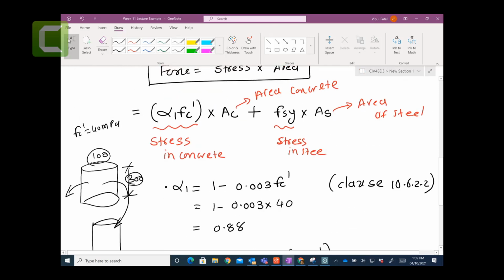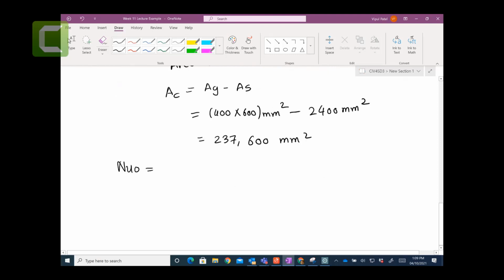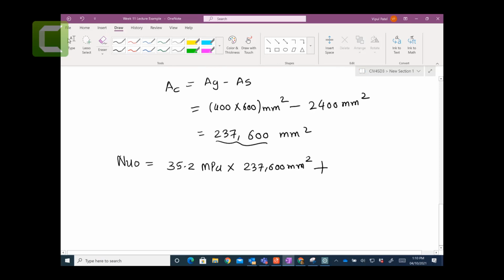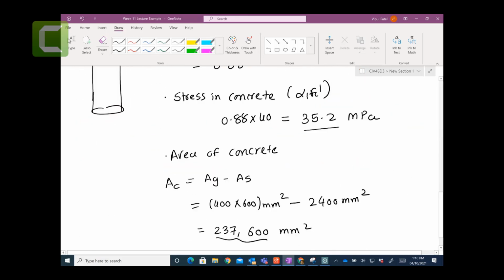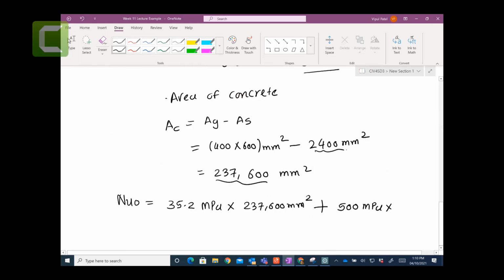So we found the area of the concrete, and the yield strength and area of the steel we already know. The squash load equals the concrete stress, which is 35.2 Newton per millimeter square, times the concrete area of 237,600 millimeter square. That is the force in concrete. And the yield strength of the steel is 500 megapascals, given in our example. This is generally N bar, so we default to 500 megapascals. Then the area of the steel is 2400 millimeter square.